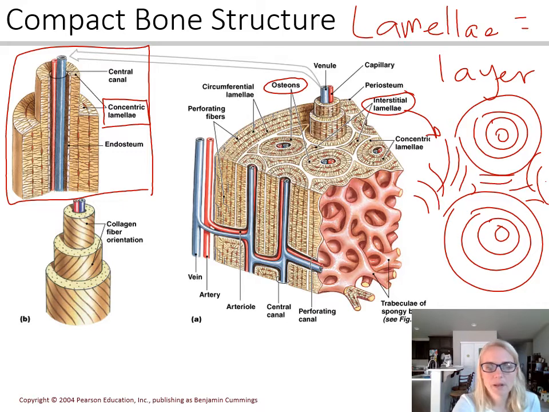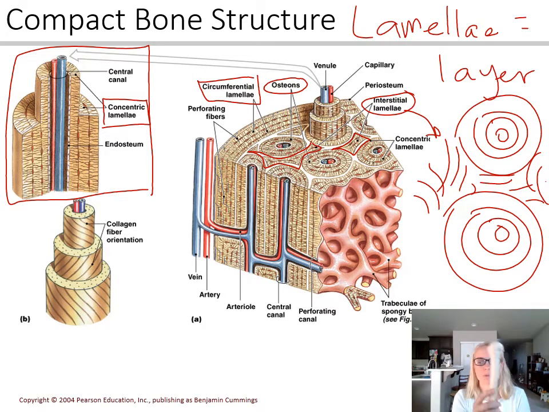So interstitial lamellae are layers of matrix that aren't quite in a pattern of an osteon. And then the last type of lamellae is what we call circumferential. Circumference means the outermost edge. So this is going to be found around the whole outside edge of your compact bone. So that is your circumferential lamellae.